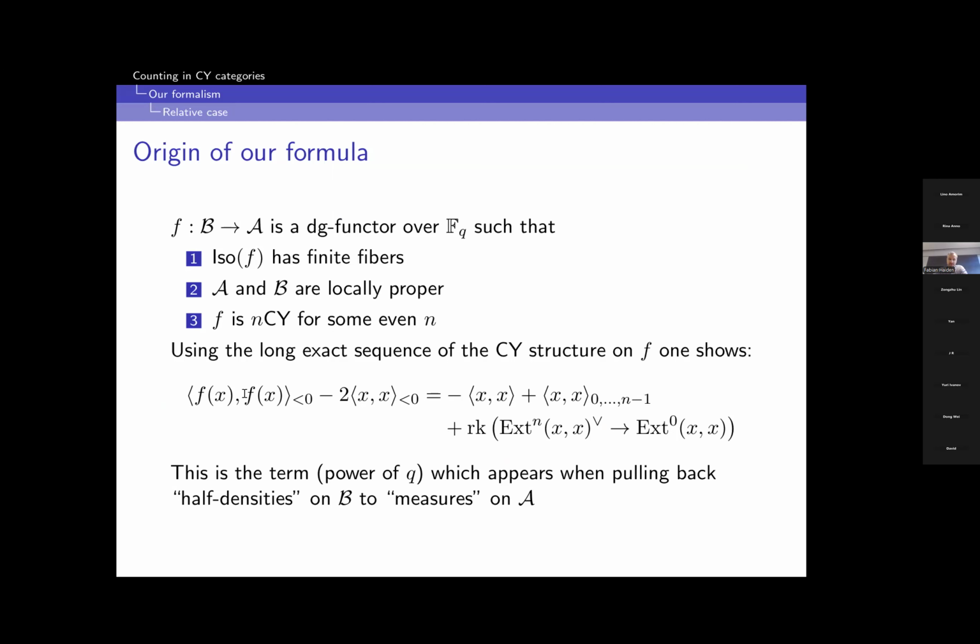And what does it tell you? So you see that there's a factor 2 here in front of this alternating sum over dimensions of Ext groups. And here there's no factor.